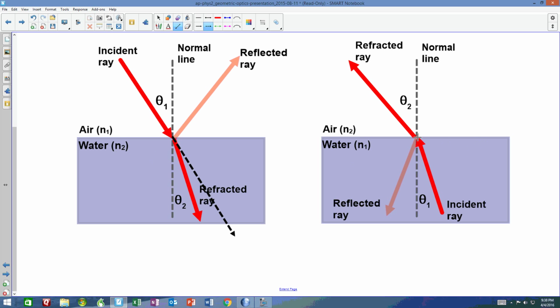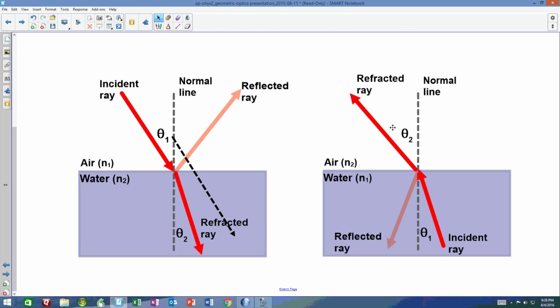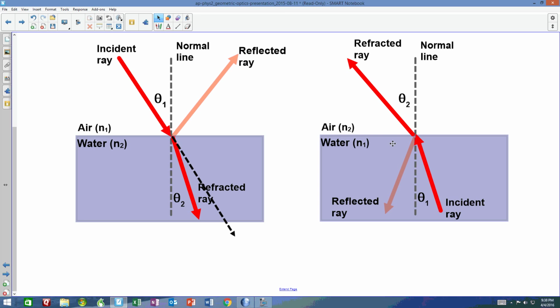Okay, here, notice if I were to go straight through along this line, it's bending away from the normal. The angle is further away from the normal line than the original ray would be if it went from water to water. So you can see that this one bends away from the normal, this one bends towards the normal.